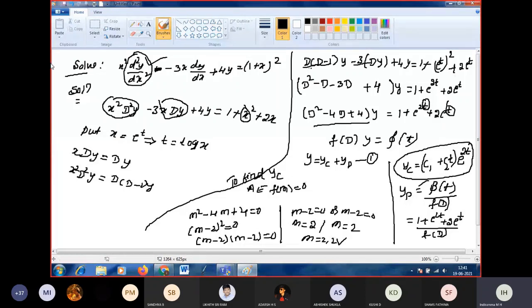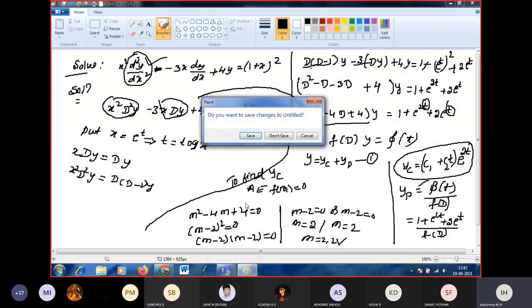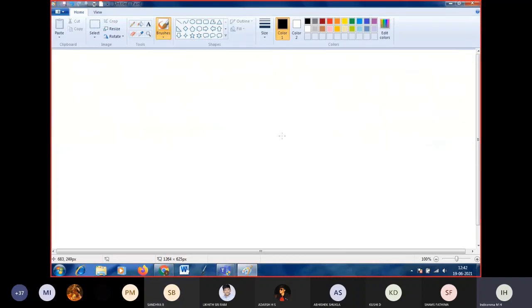Is there any doubt up to here? See, we reduced variable coefficients to constant coefficients. Okay? So everything is the same, but in the starting steps we have to remember and consider it.